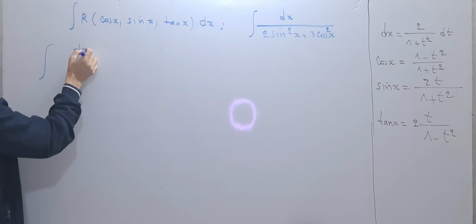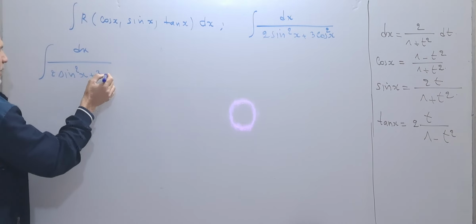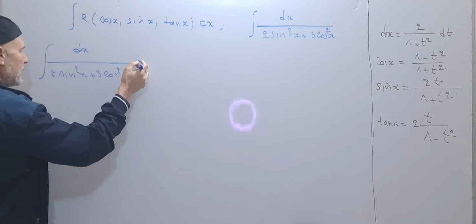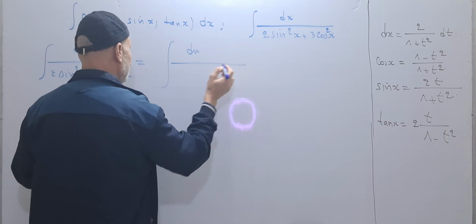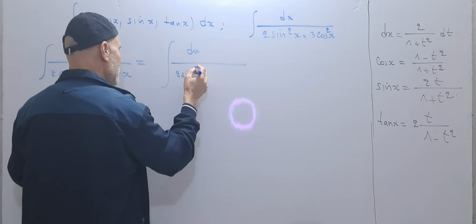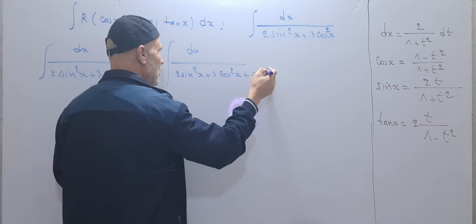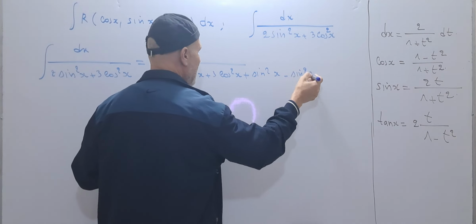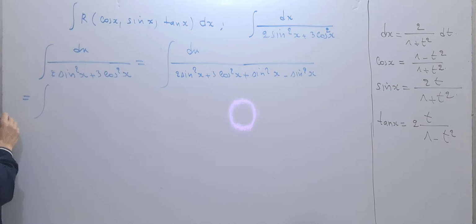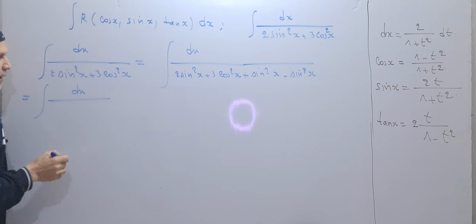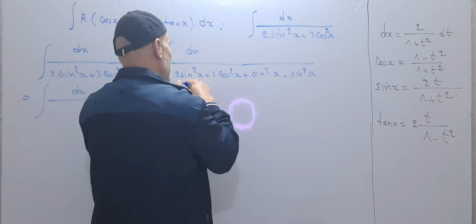So we have the integral dx over 2 sine squared x plus 3 cosine squared x, which is equal to the integral dx over 2 sine squared x plus 3 cosine squared x plus sine squared x minus sine squared x, which is equal to the integral dx over 2 sine squared plus sine squared, it gives us 3, plus 3 as factor.